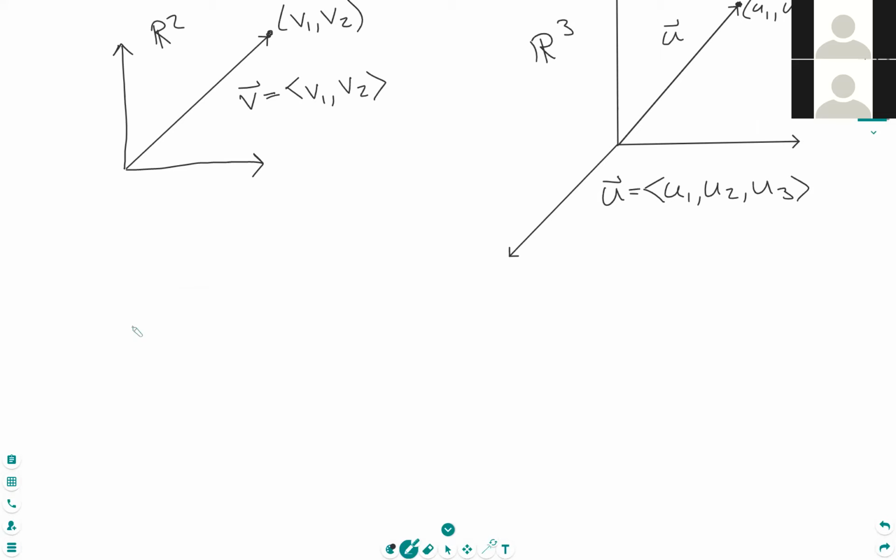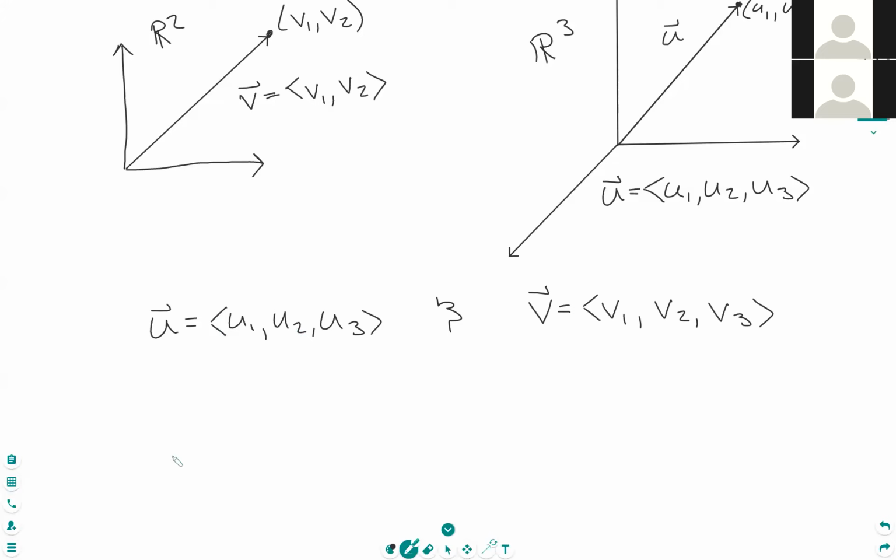If I have a vector u, written similar to above, as u1, u2, and u3, and a vector v that is v1, v2, and v3, there are a few things we can read right off the bat. These vectors are in R3 because they have 3 components. They're in 3-dimensional space. Great.